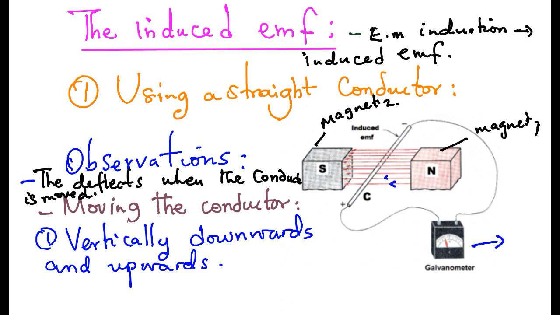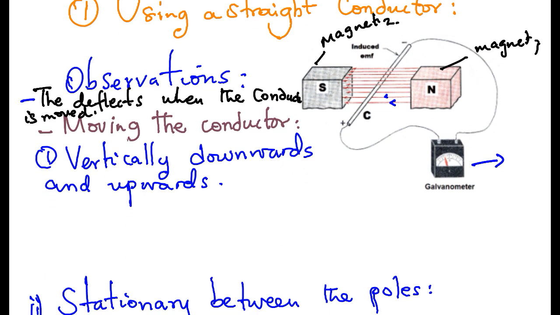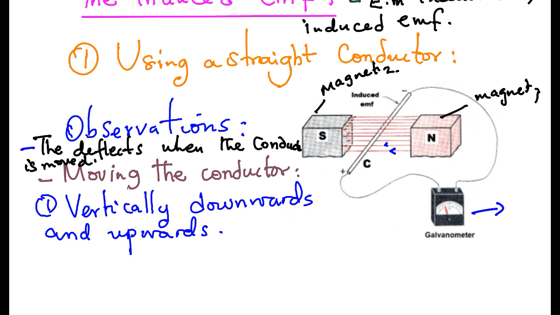So the deflection of the pointer is only observed when the conductor is moved vertically downwards or upwards.